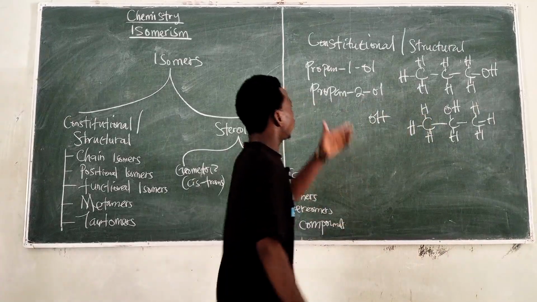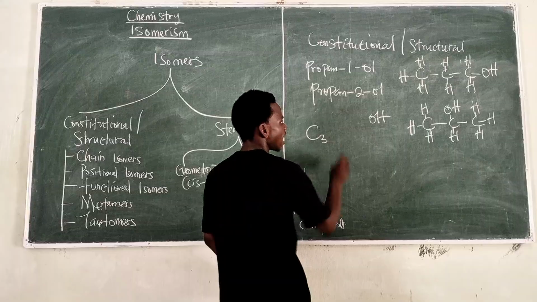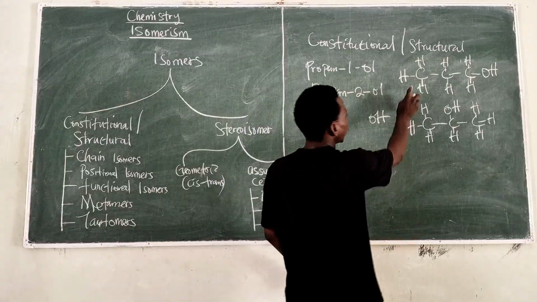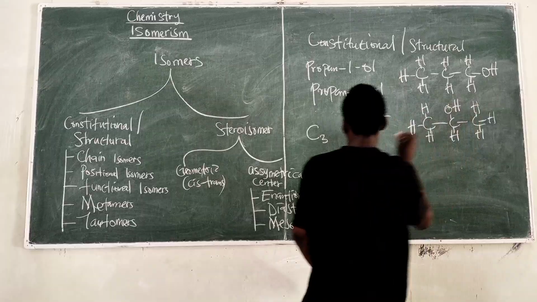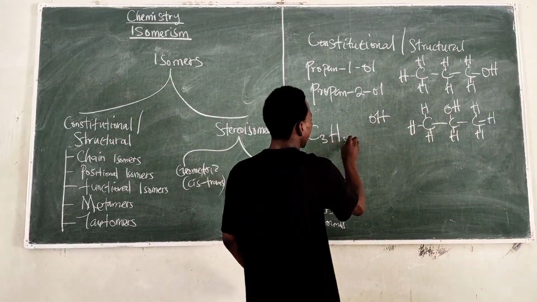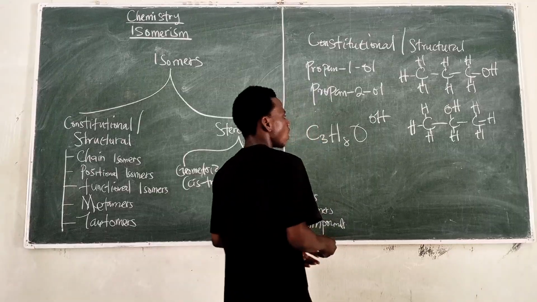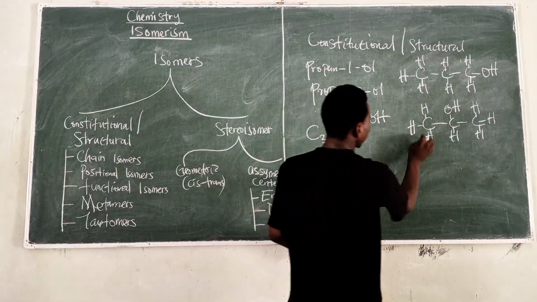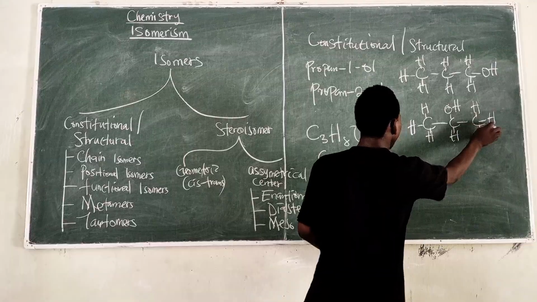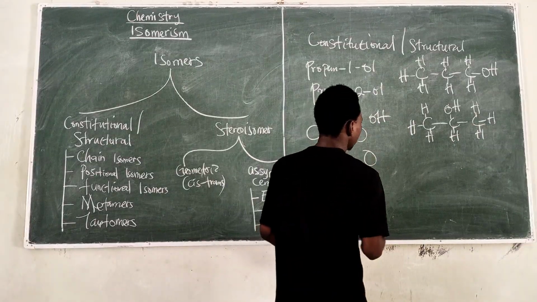So propan-1-ol has 3 carbon atoms, and 1, 2, 3, 4, 5, 6, 7, 8 hydrogen atoms, and 1 oxygen. So propan-2-ol has 3 carbon atoms, and 1, 2, 3, 4, 5, 6, 7, 8 hydrogen atoms, and 1 oxygen.